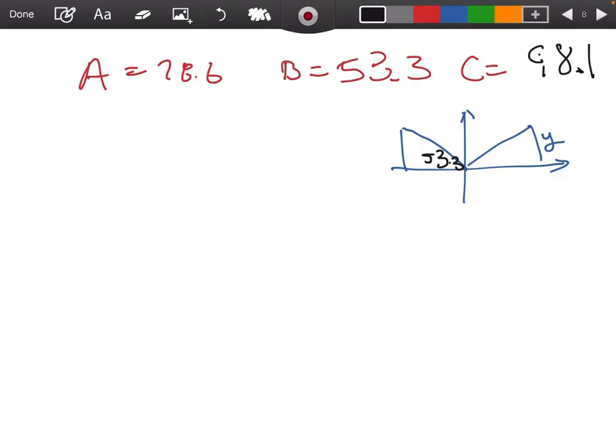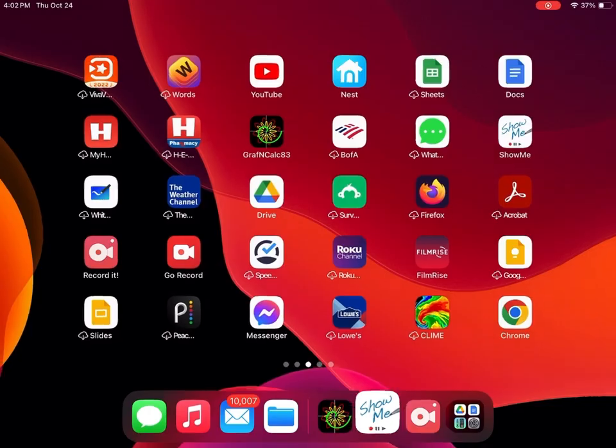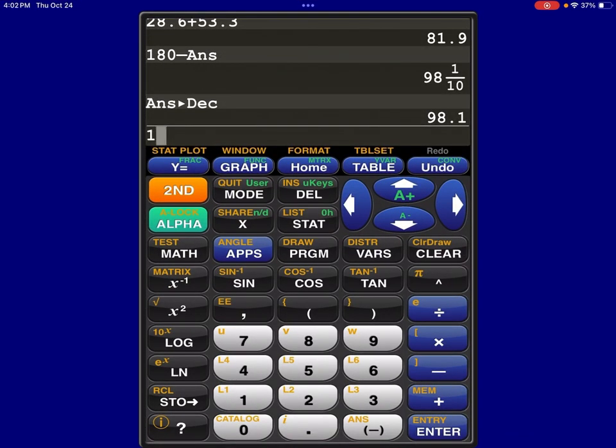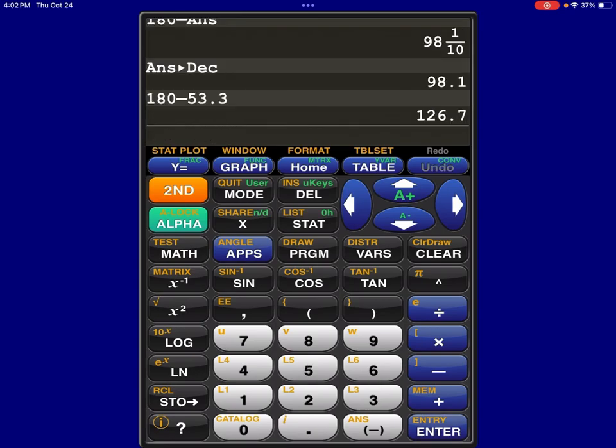So what I want to know is, what would this angle be, okay? So, y'all, we can take that by saying, what's 180 minus 53.3? On my calculator, that angle would be 126.7, right?